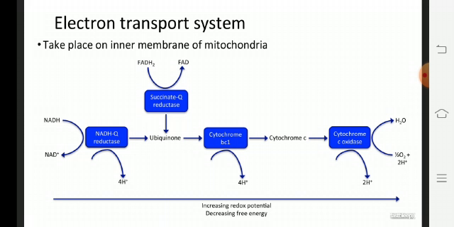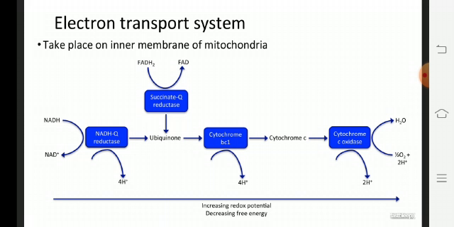Then this ubiquinone is reduced to hydroquinone. Here the two hydrogens now split into two protons and two electrons. Now the two electrons pass through a series of cytochromes and the protons diffuse out. It is the second step.